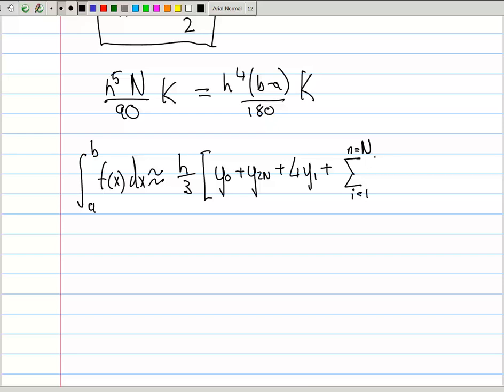So we land up with that sigma of 2 times y(2i) plus 4y(2i plus 1). Oh, sorry, this n up here is n minus 1. Don't forget that minus 1 or you will have problems. And that is our equation.